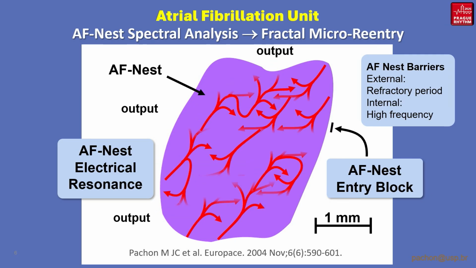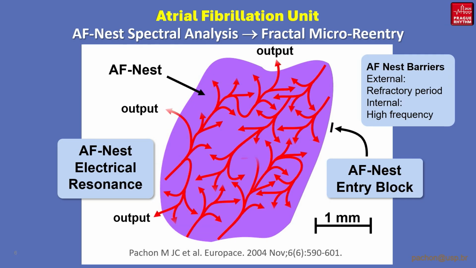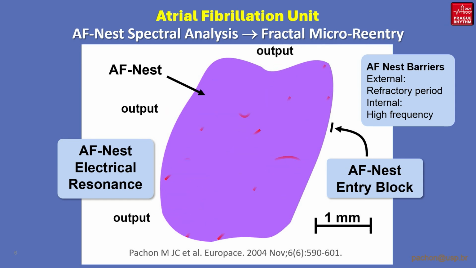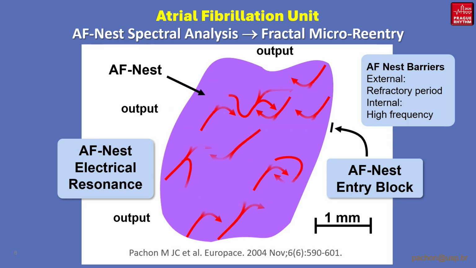These are an inner boundary, caused by high frequency, and an outer boundary, caused by the atrial refractory period. So it is difficult to enter the atrial fibrillation nest due to high frequency, and a little bit difficult to exit it due to the atrial refractory period.